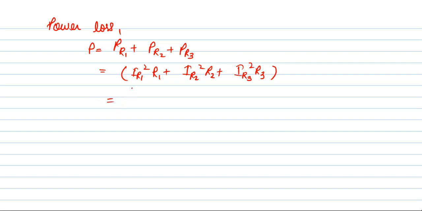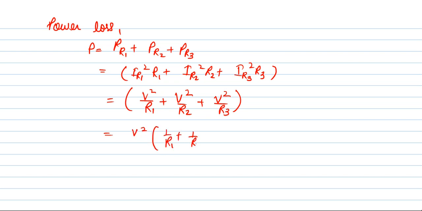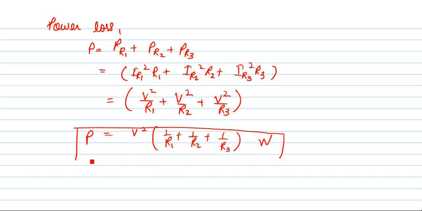Now this will give us V square upon R1 plus V square upon R2 plus V square upon R3. Now take out V square common, so V square into 1 upon R1 plus 1 upon R2 plus 1 upon R3. So that's the formula for the power for a parallel combination of circuit.